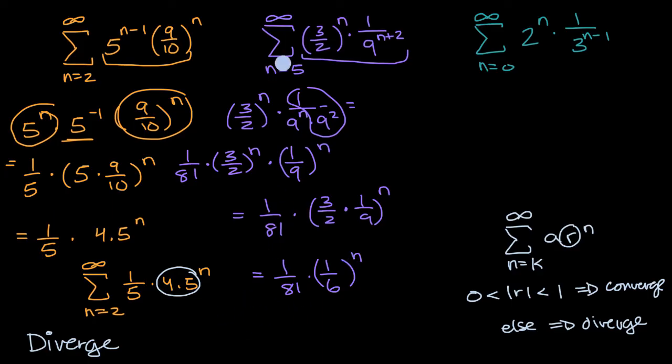Or if I were to rewrite the original series, it's the sum from n equals 5 to infinity of 1 over 81 times 1/6 to the nth power. This is our common ratio, 1/6, very clearly. That absolute value is clearly between 0 and 1. So this is a situation where we will converge.